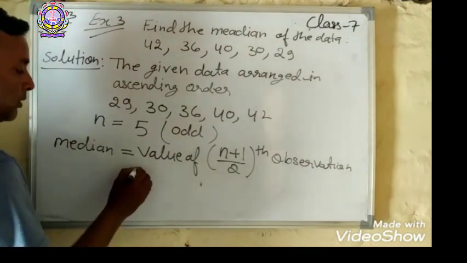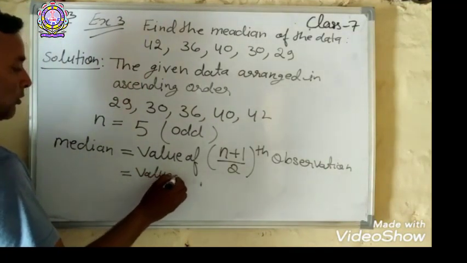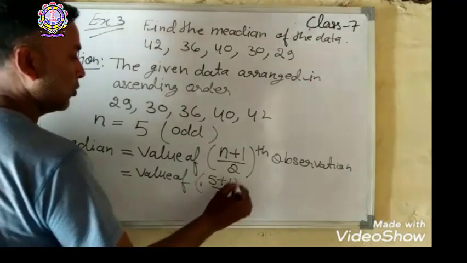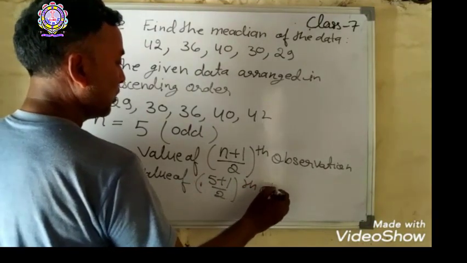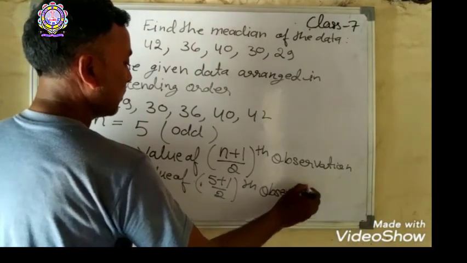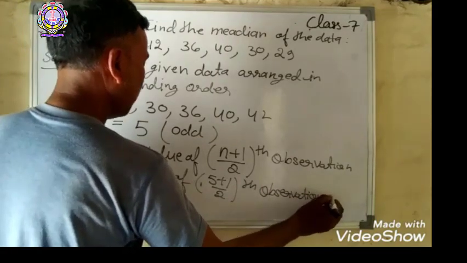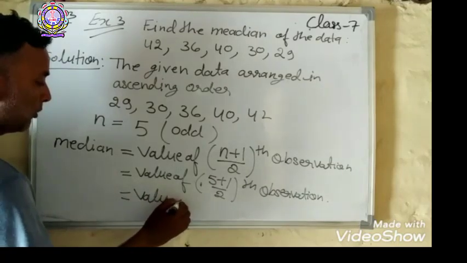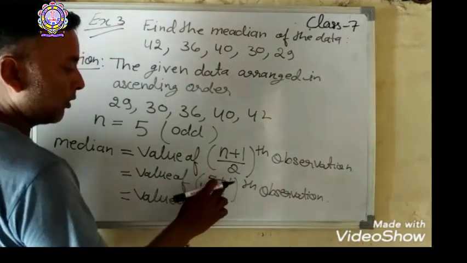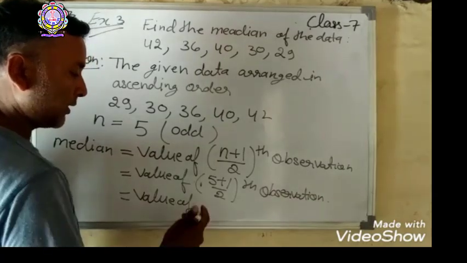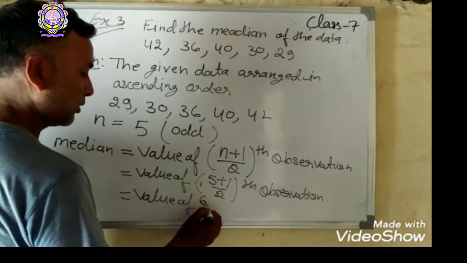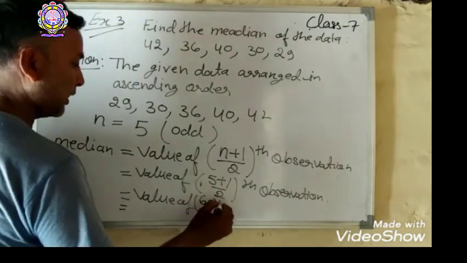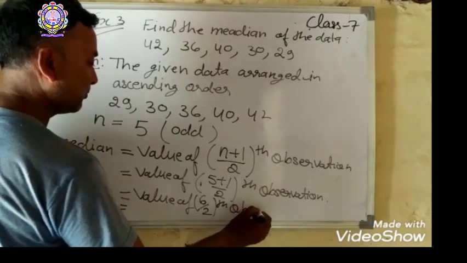So here, the value of (5 plus 1) upon 2 nth observation. So here, the value of 5 plus 1 is 6, and 6 divided by 2 is equal to the nth observation.